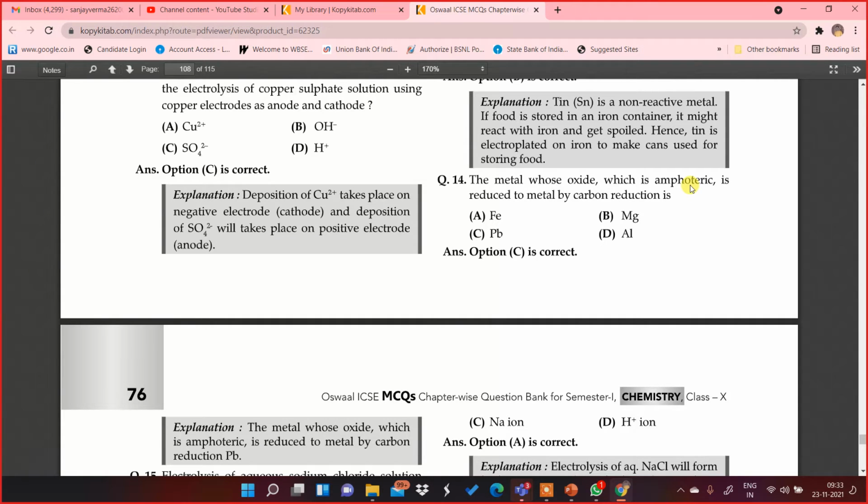It acts both as acid and base. Amphoteric oxide means it shows properties of both acid and base. Put this in your mind. You are in class 10.